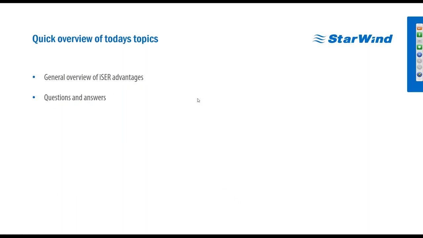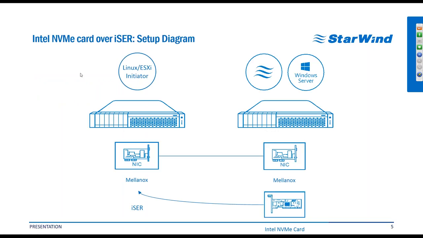So first slide, here is how we have this done for this video. We used Linux as the iSCSI initiator for this taproom, because VMware has troubles. I mean, it is possible to set it up with VMware right now, but unfortunately it is only available in 6.5, which is a beta.